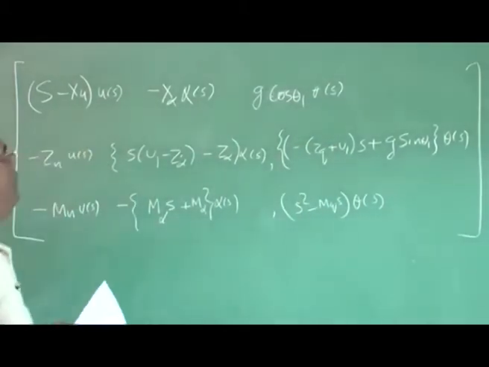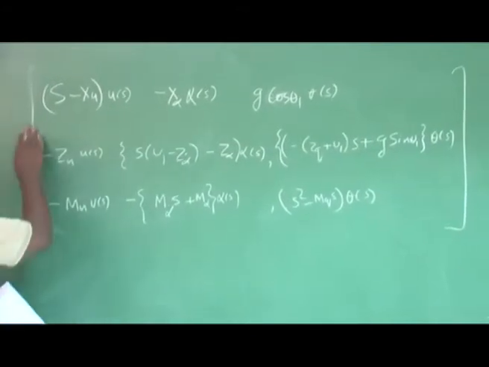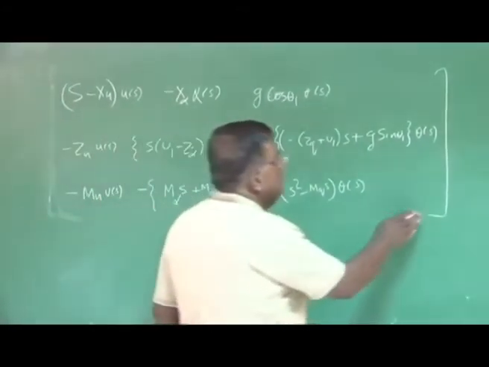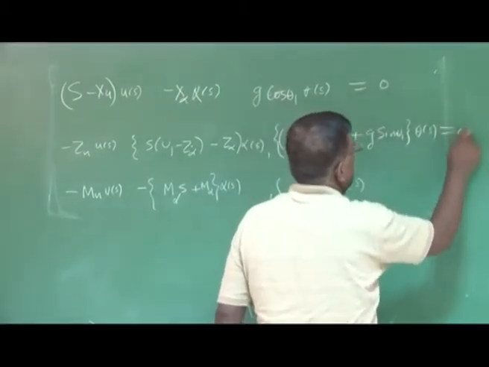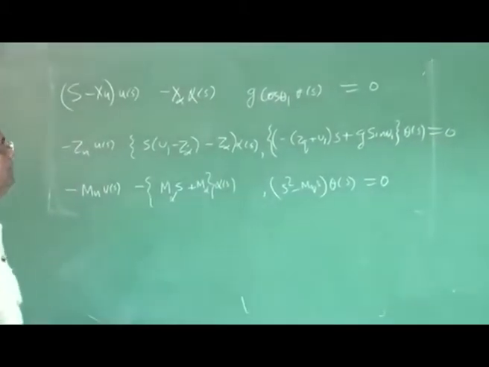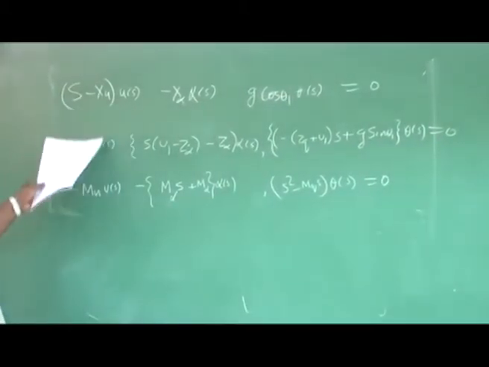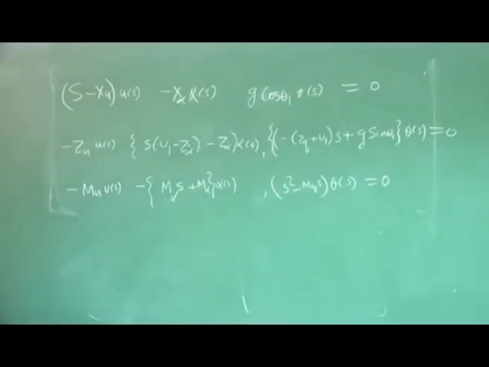And when you try to find mode shape, the easiest way to do it is use free response. That is no external force. So this equal to 0, this equal to 0, this equal to 0. There is no forcing function. Now you know you are smart. What you have to find out is the relative ratios.